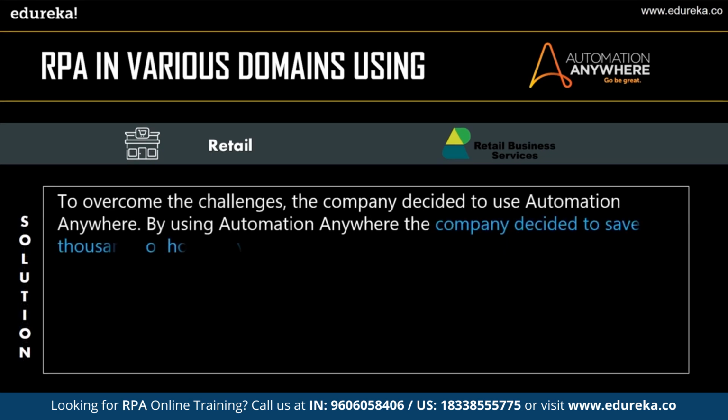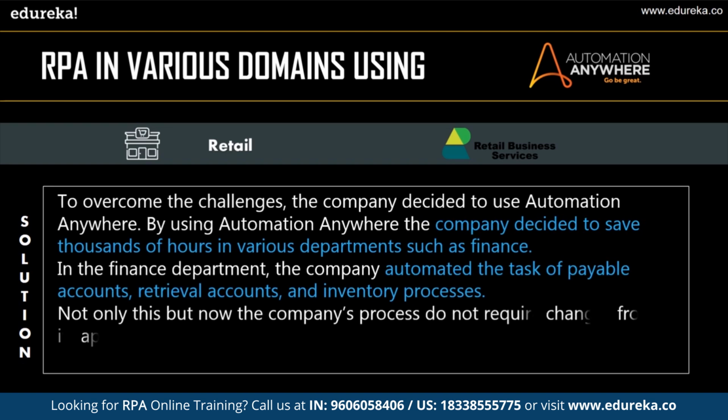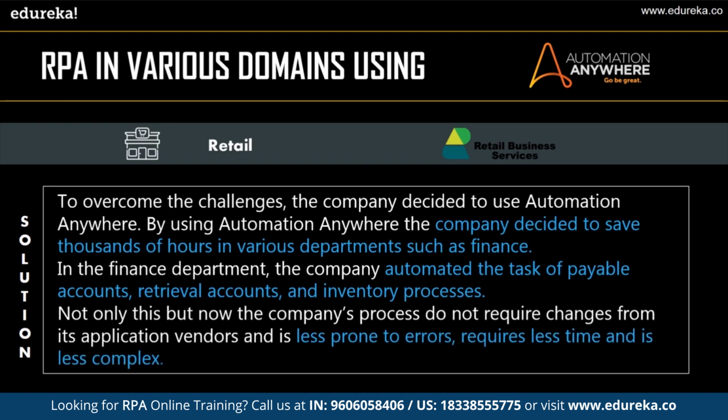To overcome the challenges, the company decided to use Automation Anywhere. By using Automation Anywhere, the company saved thousands of hours in various departments such as finance. In the finance department, the company automated the tasks of accounts payable, accounts receivable, and inventory processes.